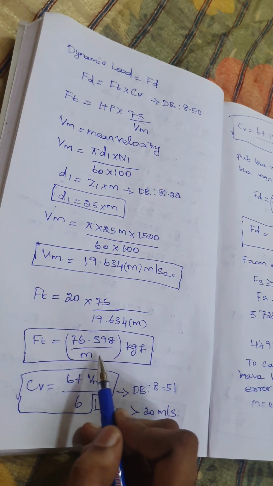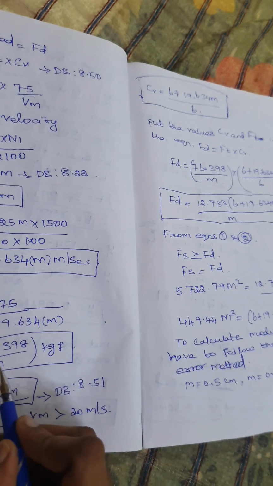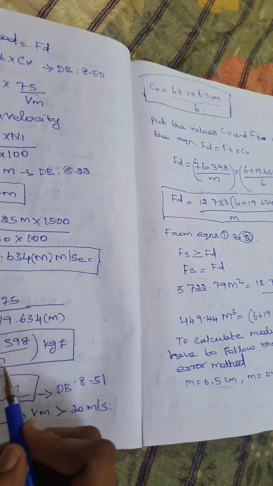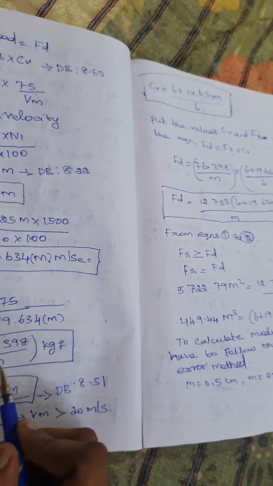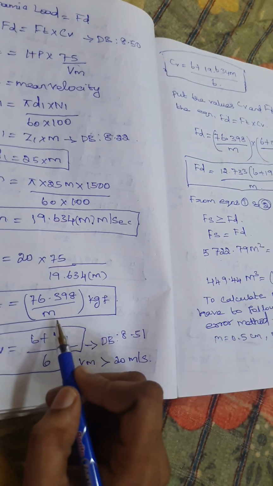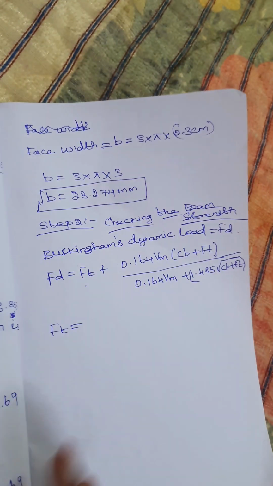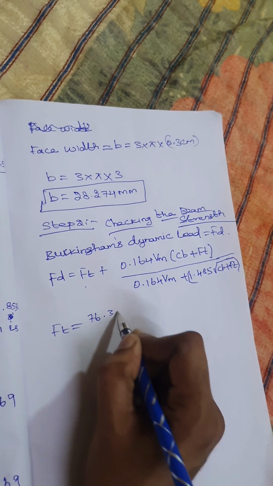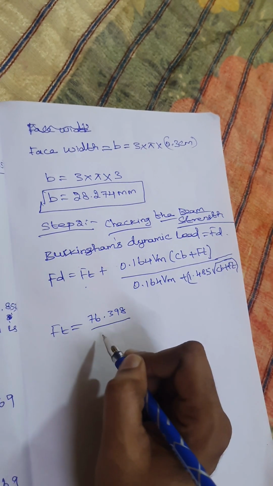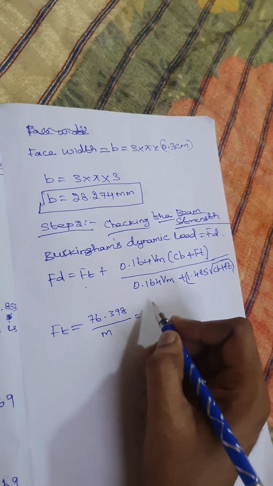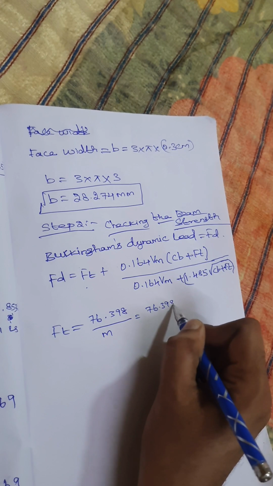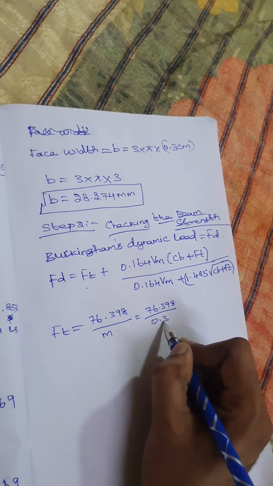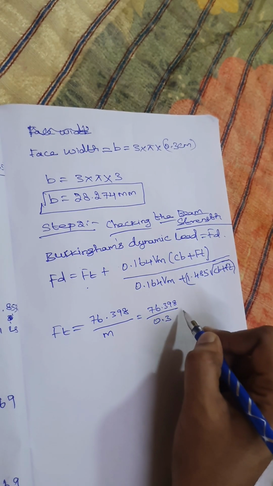Instead of m we can put the value 0.3 centimeter. So F_t is 76.398 divided by 0.3.